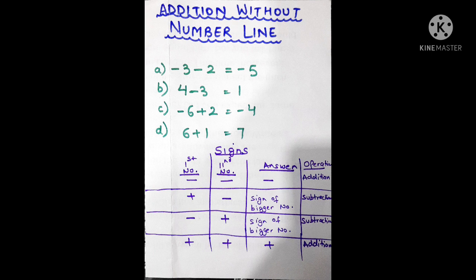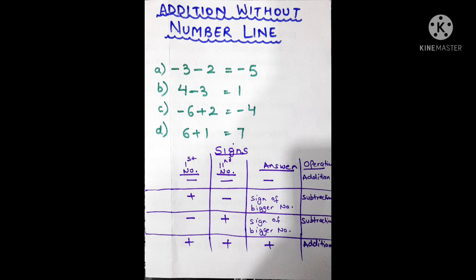But you can see we have put a minus sign in front of 4. Why? Because when we subtract two numbers in integers, we put the sign of the bigger number. Here the bigger number, that is 6, has a negative sign. So we put a negative sign in front of the answer.